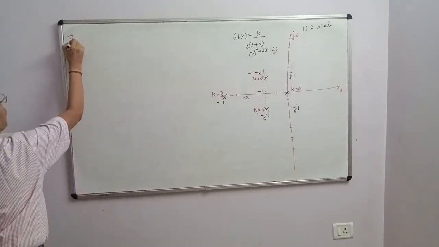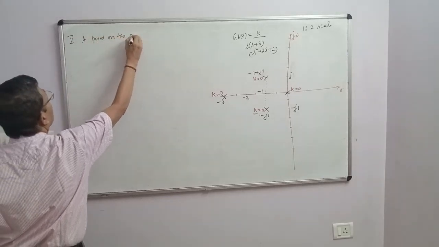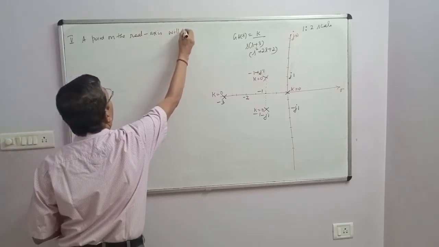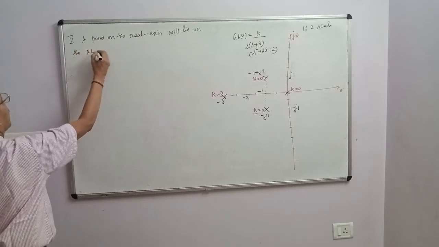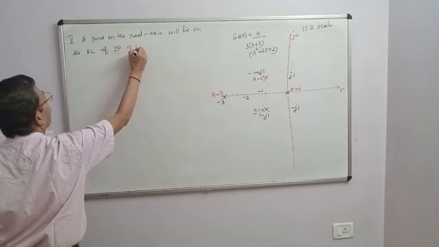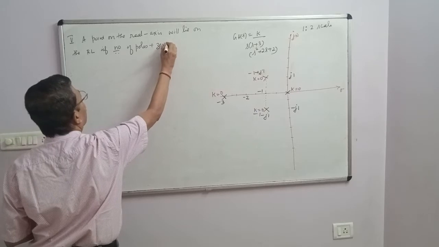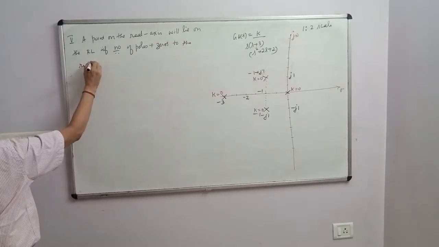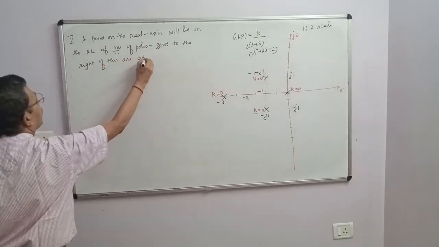Next step. A point on the real axis will lie on the root locus if the number of poles plus zeros to the right of this point is odd.